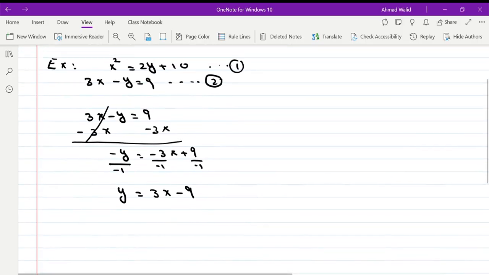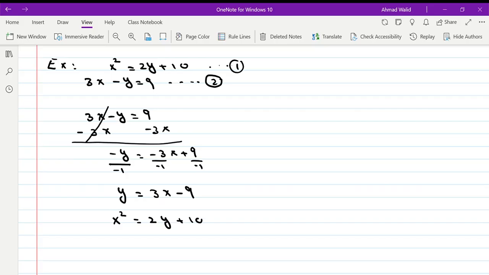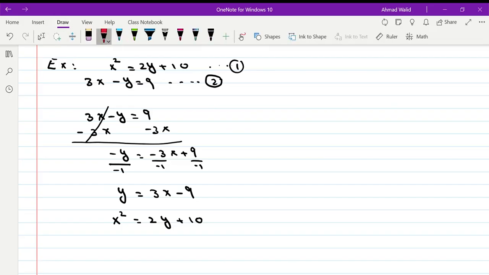Now you see what I do here. I'll copy my equation number 1, which is x squared equals 2y plus 10. Look here, how easy is this? I'll substitute the value of y, which I solved from equation number 2, into equation number 1.